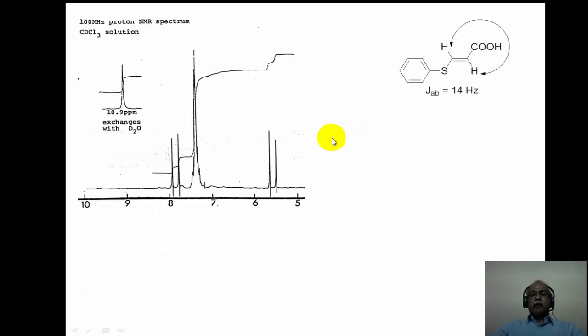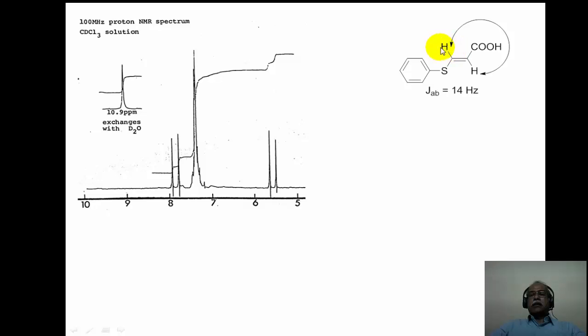Another example to illustrate the use of the coupling information, namely the trans coupling, is what is seen here. This hydrogen should be a doublet, this hydrogen also should be a doublet, and this hydrogen, which is right next to the carbonyl functional group, is actually a push-pull kind of a system. The sulfur lone pair can be delocalized onto the COOH group.